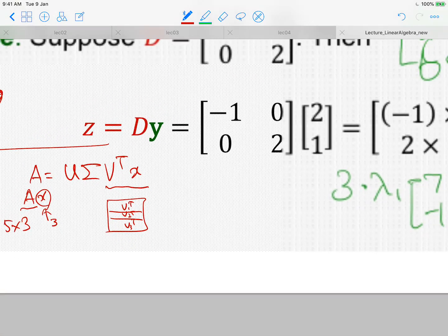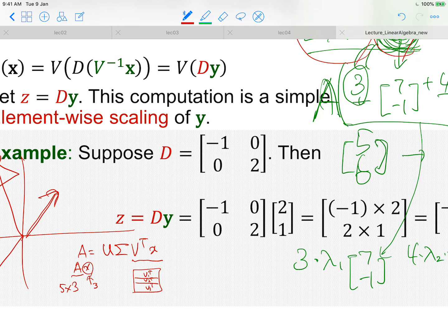In this case, when comparing it with the V, D, V inverse, and X, you know this part is just obtaining the linear combination coefficients when using the columns of V as the basis, right? But in general, V is not made of orthonormal or orthogonal vectors, right?